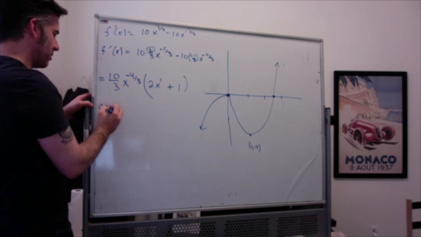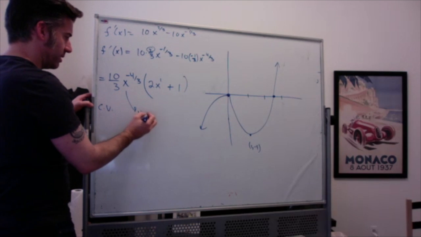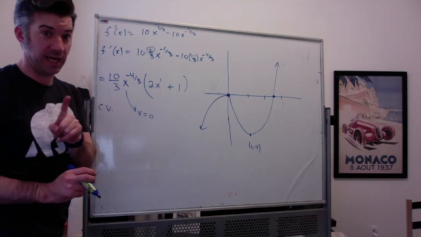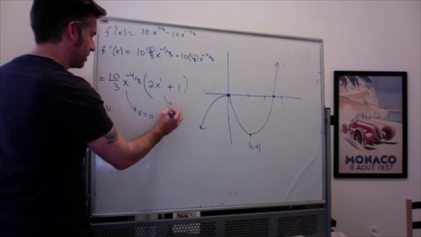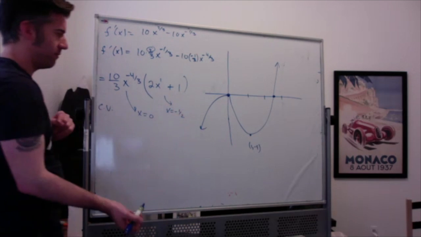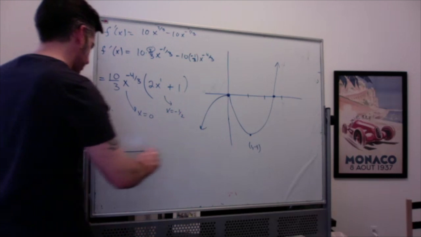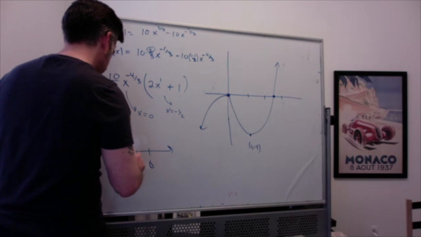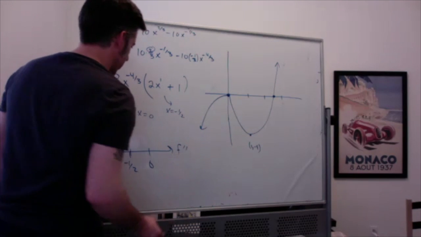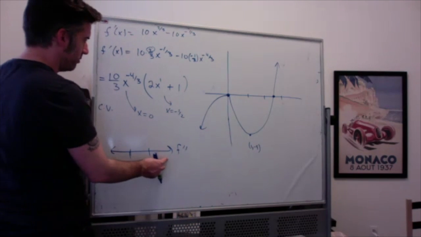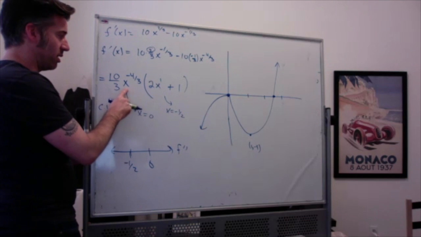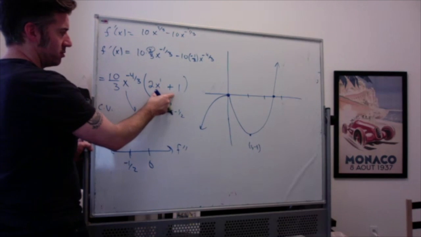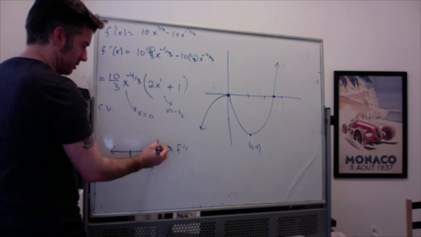So my critical values are x equal to 0 because it makes it undefined, and x equal to negative 1/2. So let's see what the second derivative is doing. If x is 1, 1 to any power is 1, so that part's positive. 2 plus 1 is positive, so it's positive.